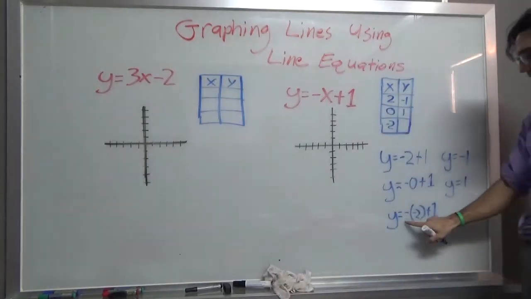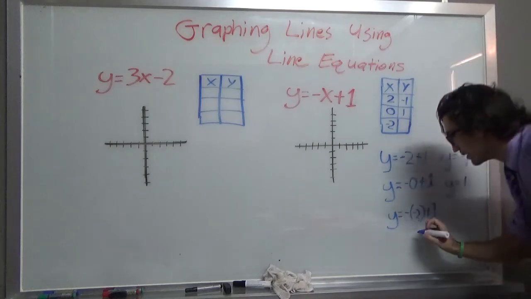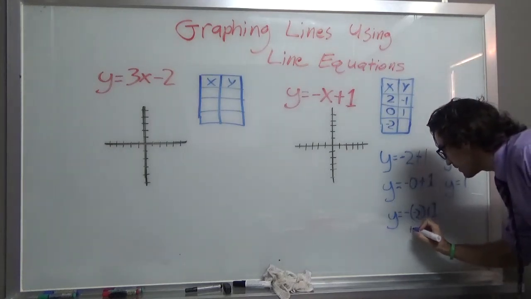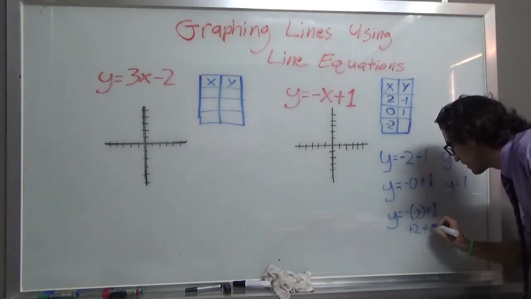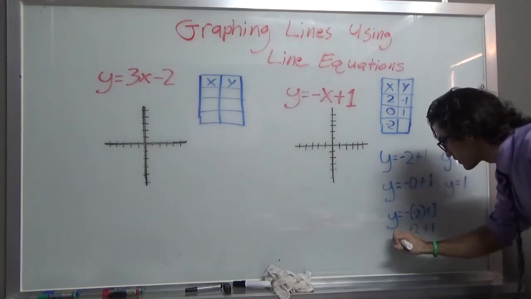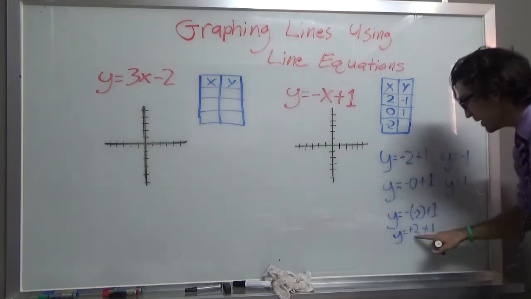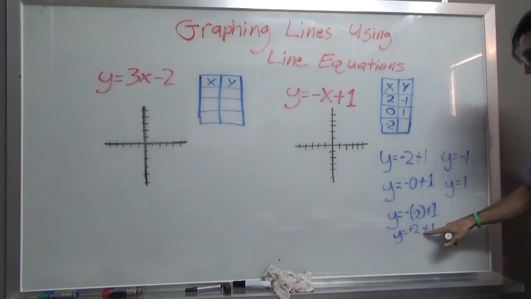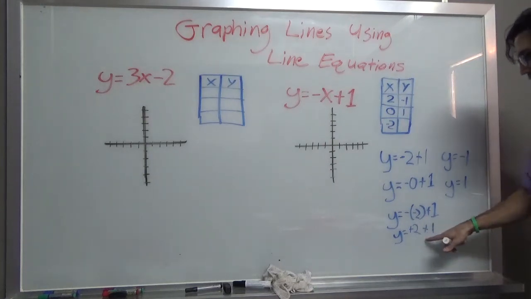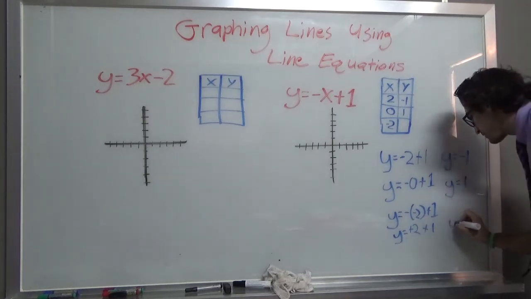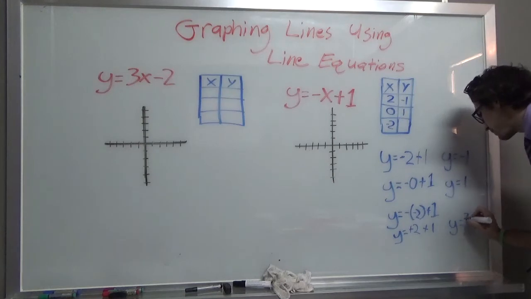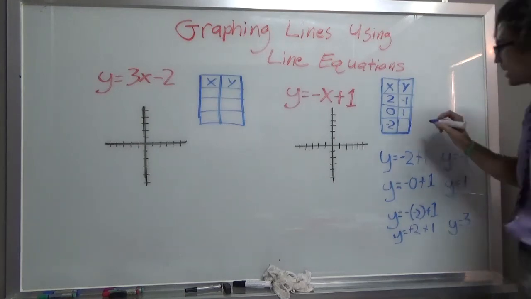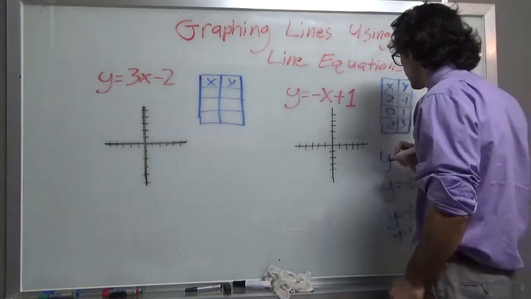So minus negative 2, I can say that this is positive 2 plus 1. So y is equal to positive 2 plus 1, and 2 plus 1, we say y is equal to 3.